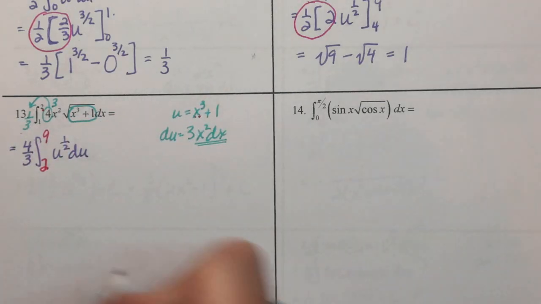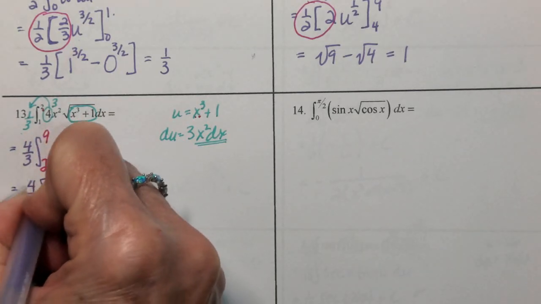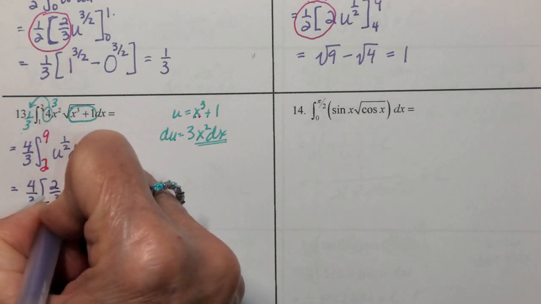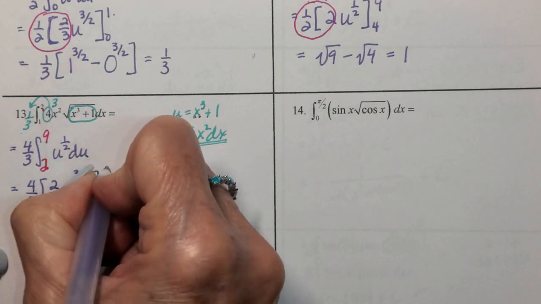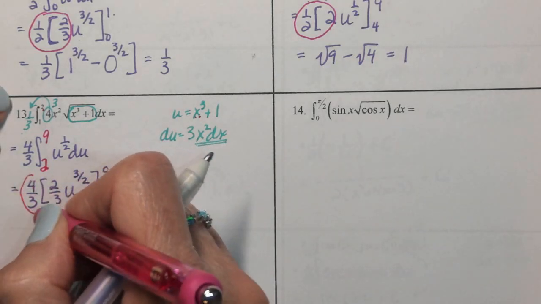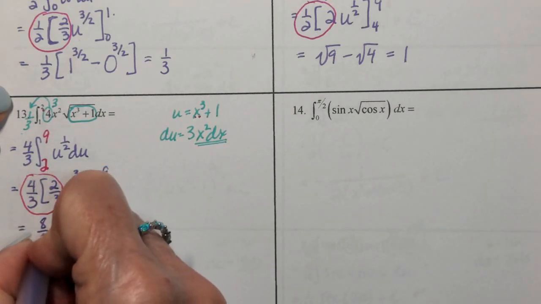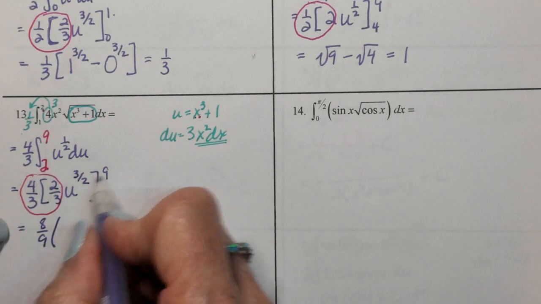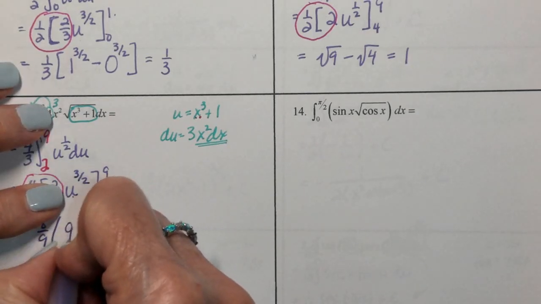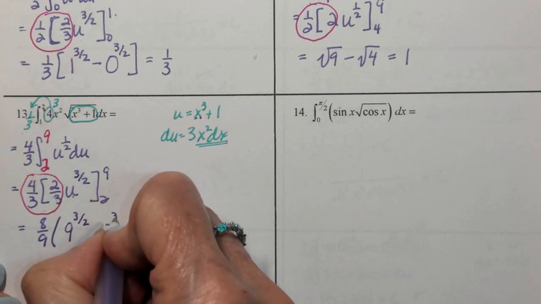Okay, alrighty, so now, power rule, raise your power by 1, divide by your new power, multiply these two fractions together, we get 8 over 9 times 9 to the 3/2 minus 2 to the 3/2.